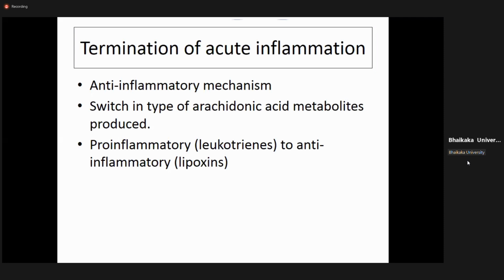Pro-inflammatory metabolites like leukotrienes are produced in the initial phase, but once the function is over, anti-inflammatory metabolites are produced in the form of lipoxins. So production of leukotrienes is converted into production of lipoxins, which are anti-inflammatory in nature. But there are certain conditions where this mechanism also fails, and in those conditions, inflammation becomes chronic in nature.